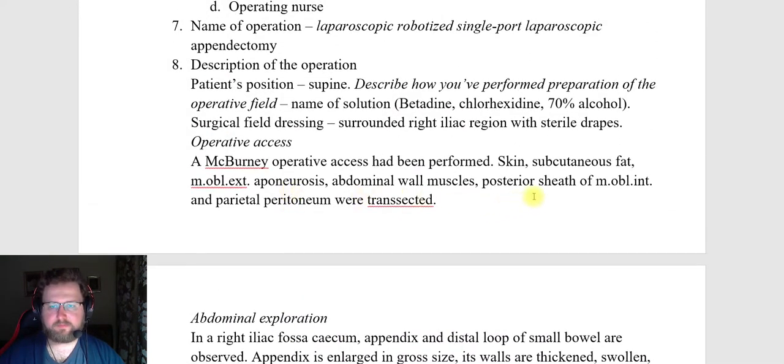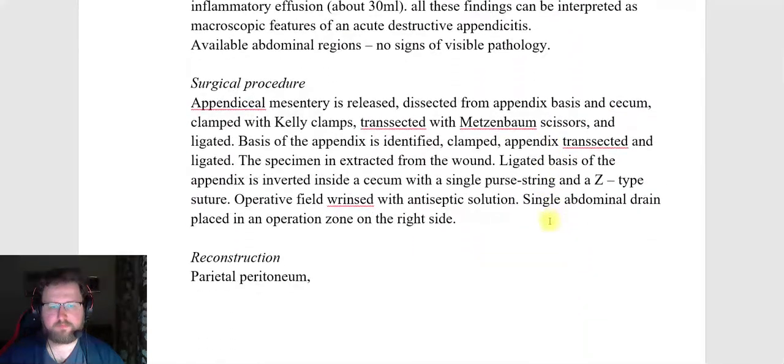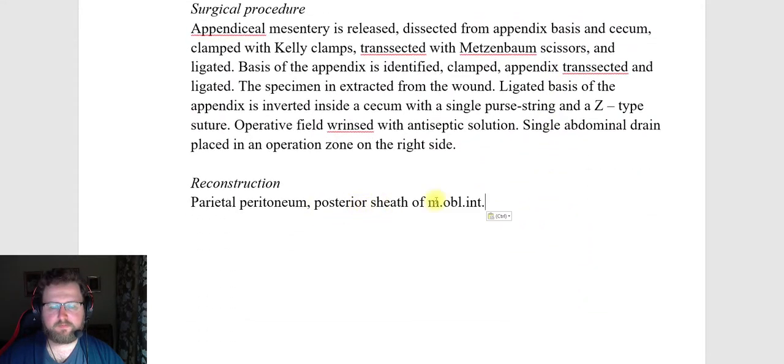Next, posterior sheath of the oblique internal muscle. Then muscles of the anterior abdominal wall.